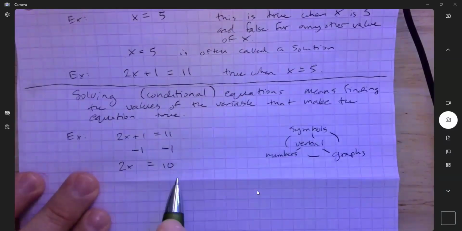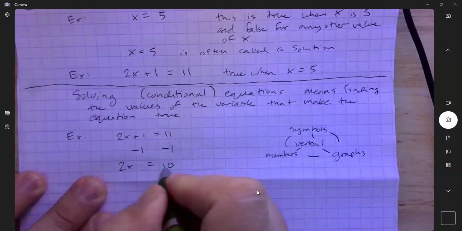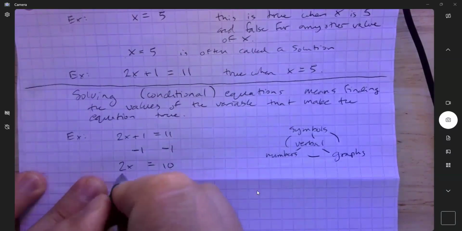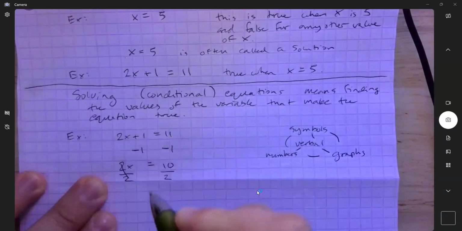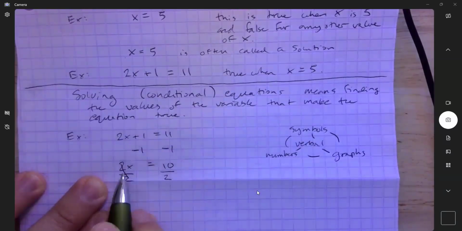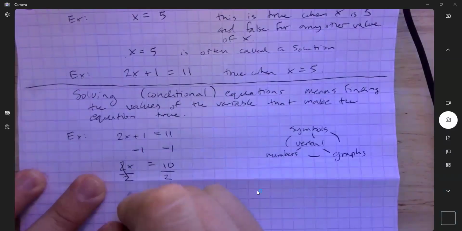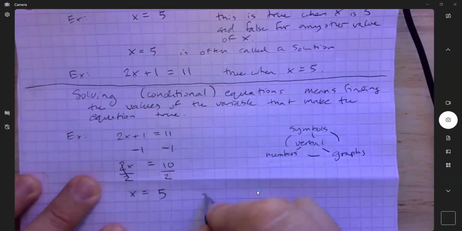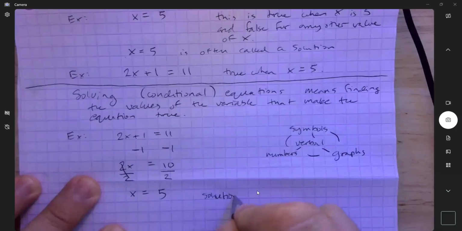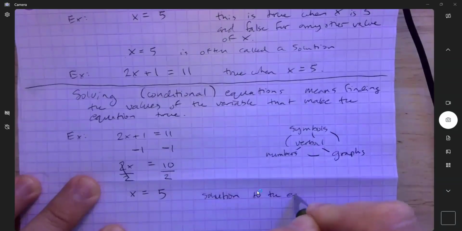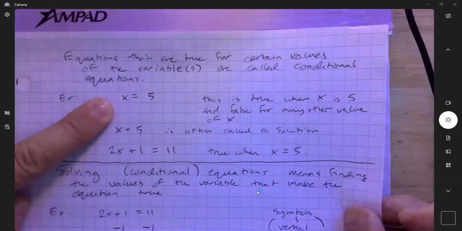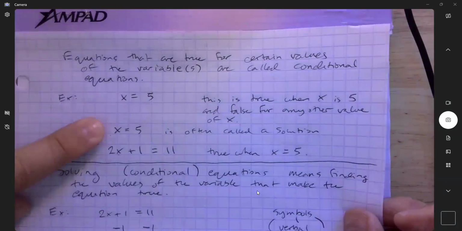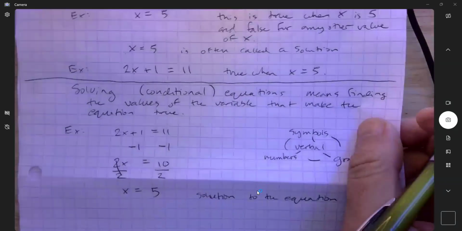And if 2x equals 10, then half of that, 10, should equal x, or I can divide 2x by 2, and I see x should be 10 divided by 2, which is 5. So this would be considered the solution to the equation. And that's why I said these are usually considered solutions, because they're super simple.